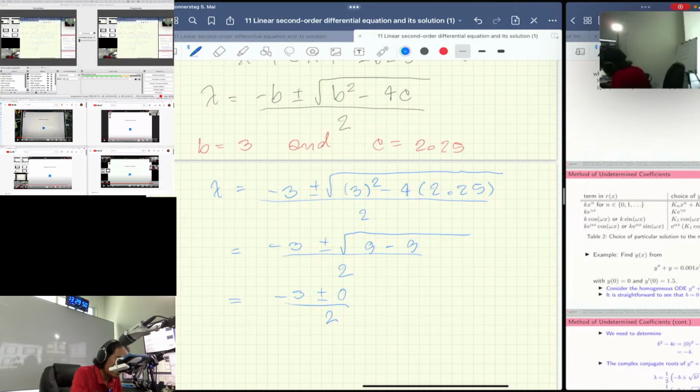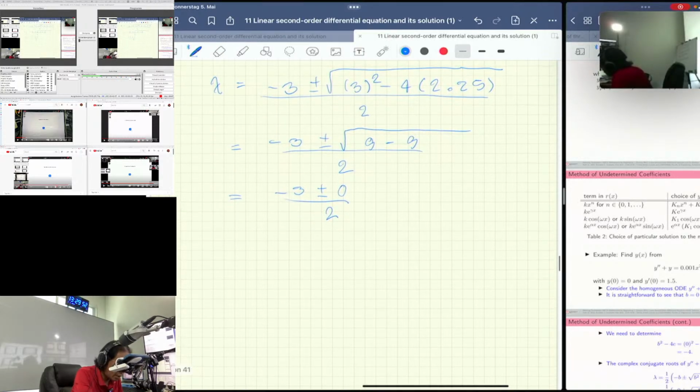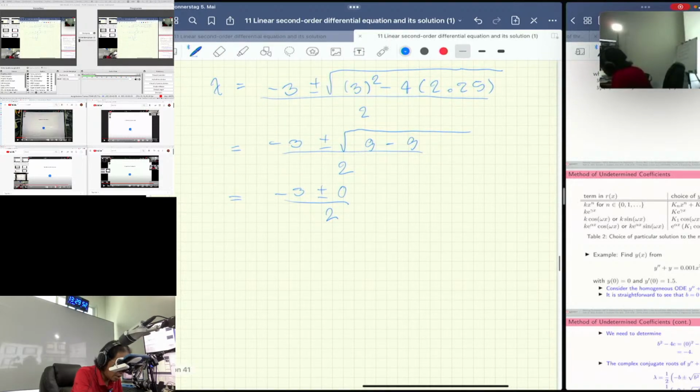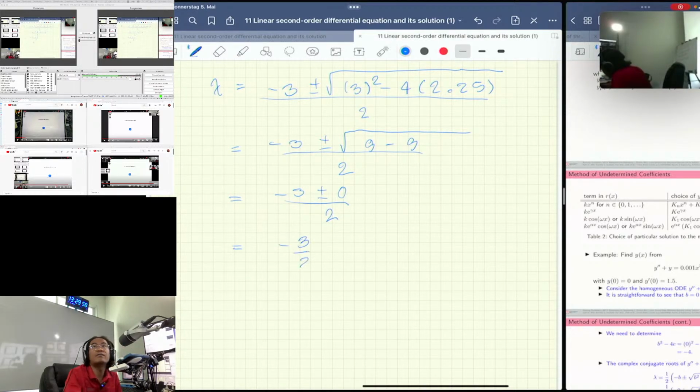So you get only the single solution, which is only minus 3 by 2 or 1.5, okay? All right, as we have a single solution for the equation like this, so yeah, we cannot do anything.